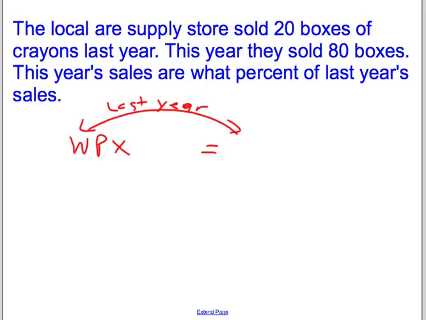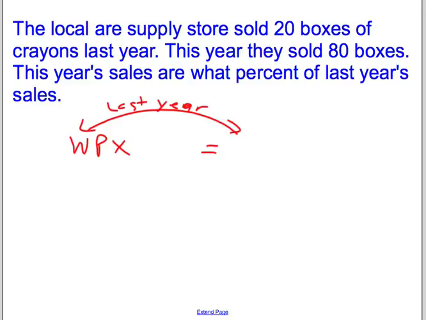So again, we can think of this in time. We can go about this a couple of different ways. The easiest way for me is doing first event in time versus second event in time. We're given the local store sold 20 boxes of crayons last year versus the amount this year.